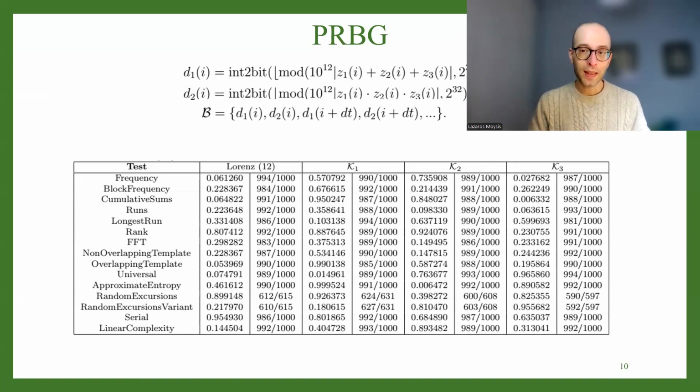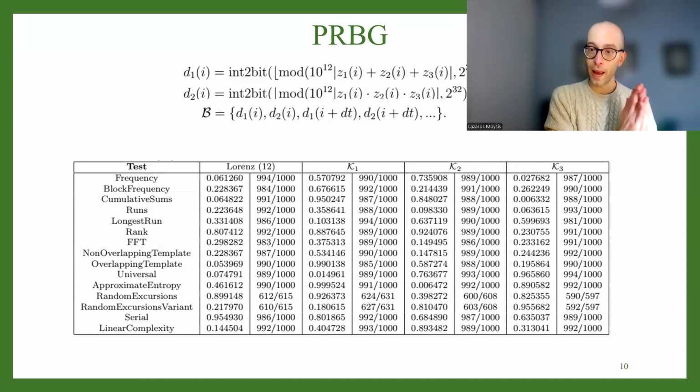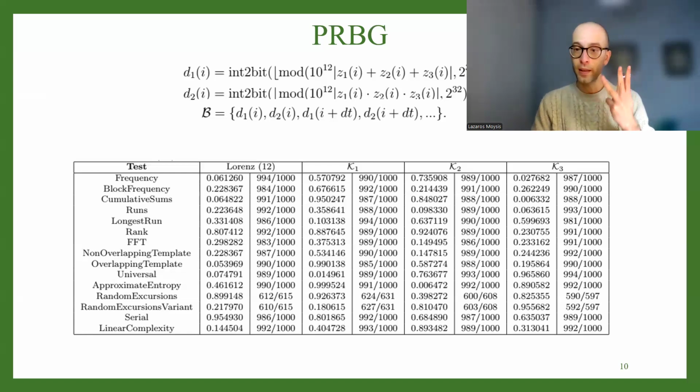So what we did is this. We considered this random bit generator through the original Lorenz attractor and through three different false attractors that all result from the original Lorenz system. We tested the NIST statistical tests, which are 15 statistical tests of randomness, for the original attractor and the three false attractors.